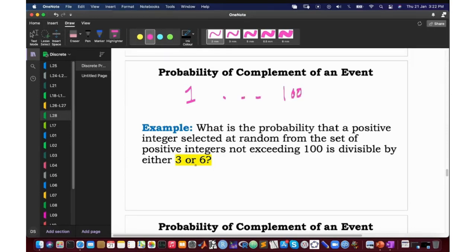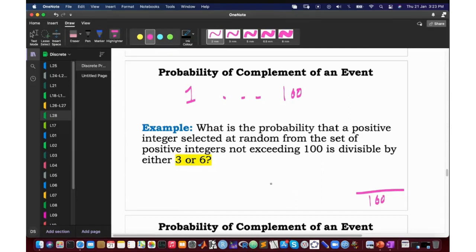Size of the sample space is 100. And how many numbers are divisible by 3 or 6 in the first 100 numbers?